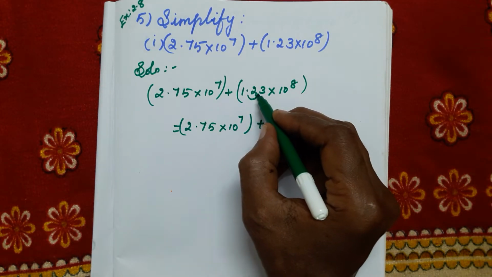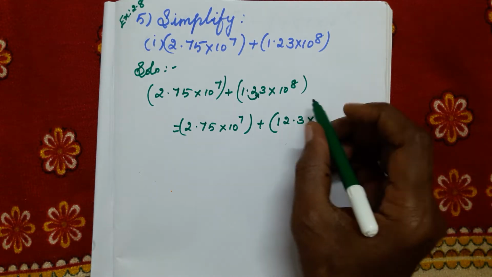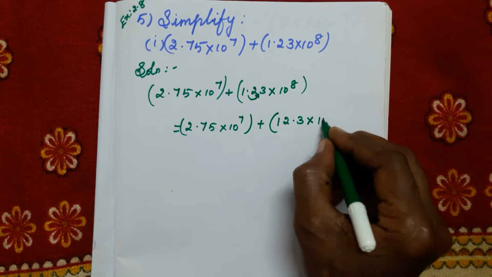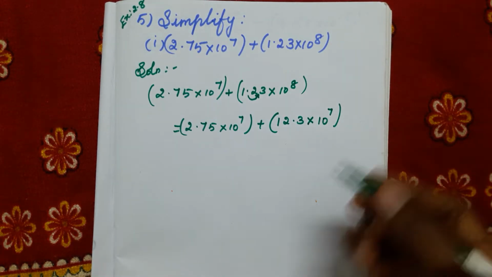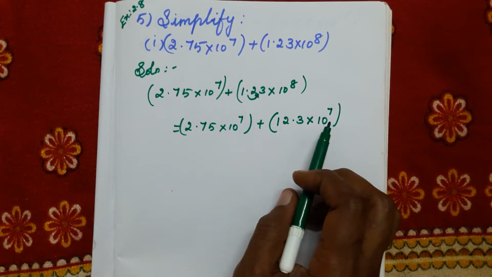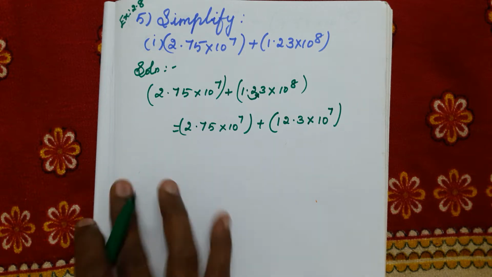We moved the decimal point one digit right, so the power will decrease by 1. So 10 power 7 we will get. Is it clear? Here 10 power 7. So I have converted this also into 10 power 7.